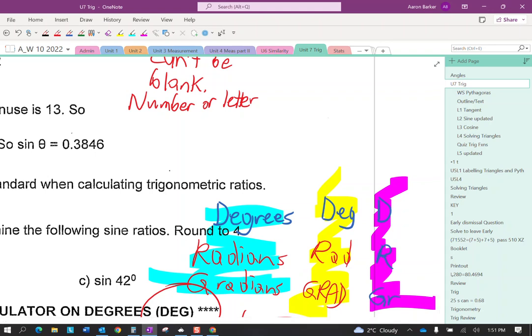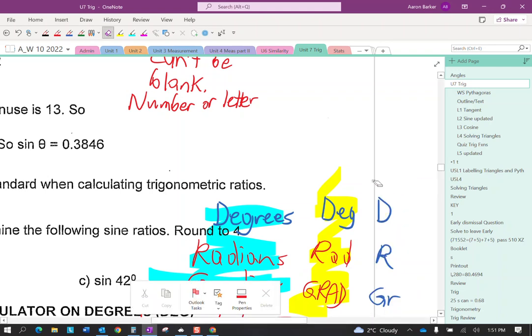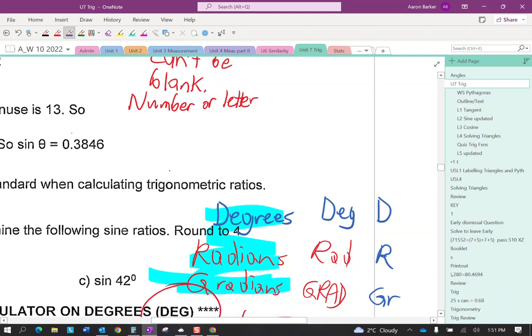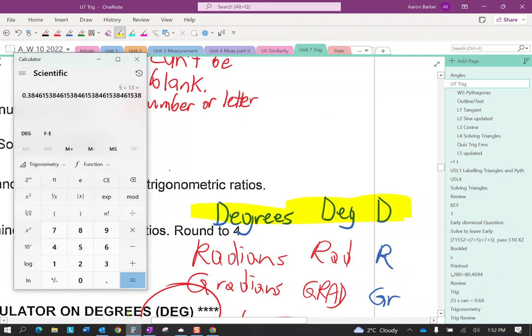Okay. So let me just show you real quick. The first way to measure angles and triangles with degrees. So on your calculator, if you're measuring in degrees, you'll see either the word degrees, a DEG, or a D. If you're looking at my calculator, top left corner, DEG, that tells me I'm in degrees.